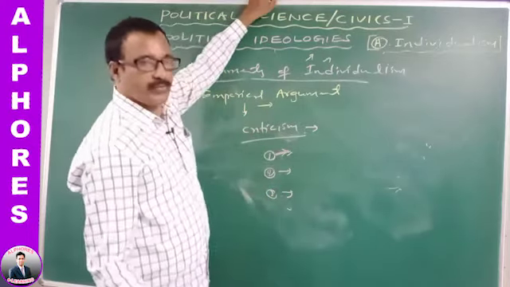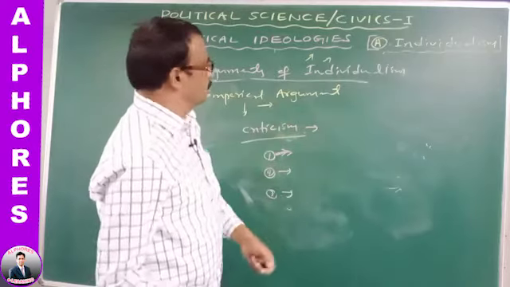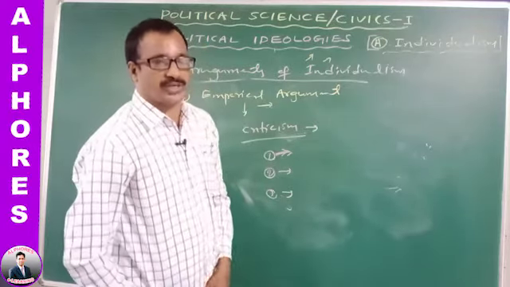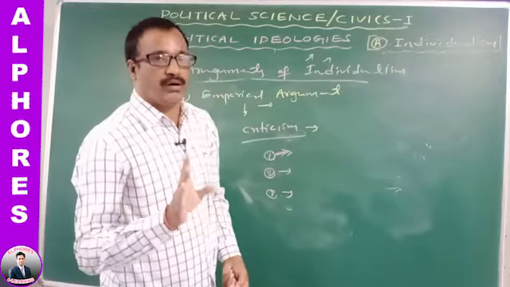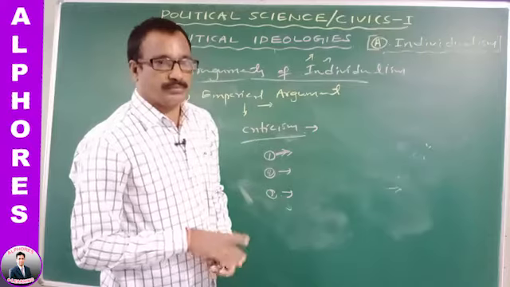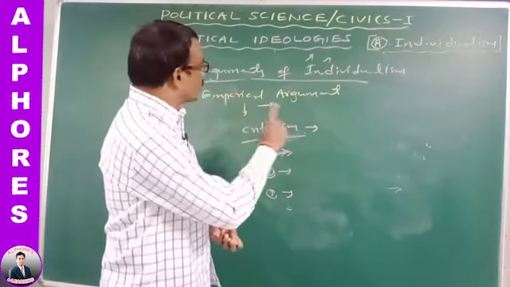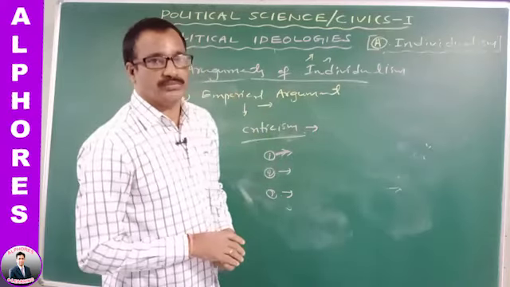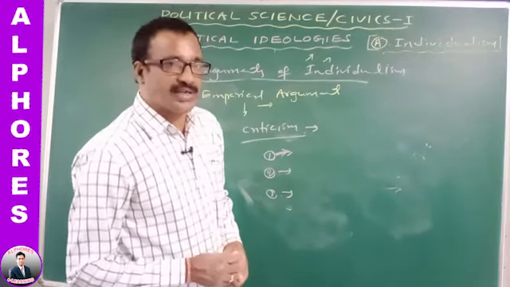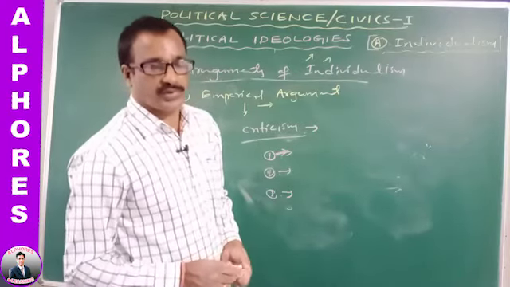And last, biologically, individualists like Herbert Spencer said that only the fittest persons or strong sections will survive in society. But the biological argument leads to what is dangerous in society.